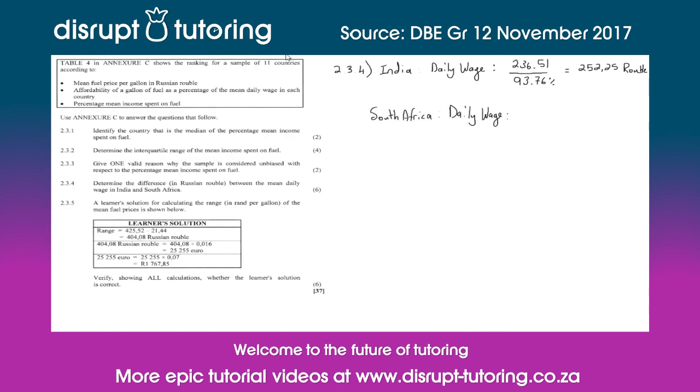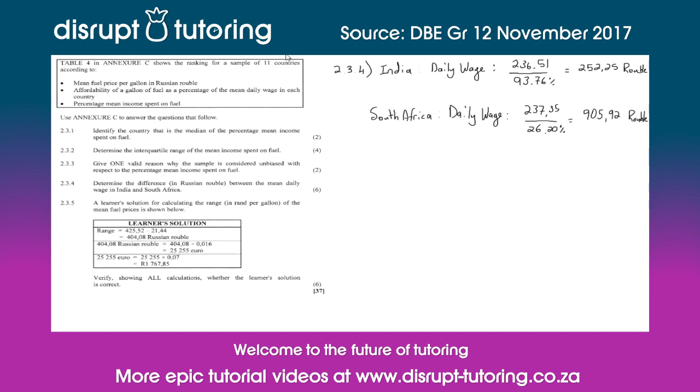So going back here, we have that number, 237.35, divided by the percentage of our daily wage, which is 26.20%. Put this in our calculator, and this comes to 905 ruble and 92 cents. And the unit here is ruble.